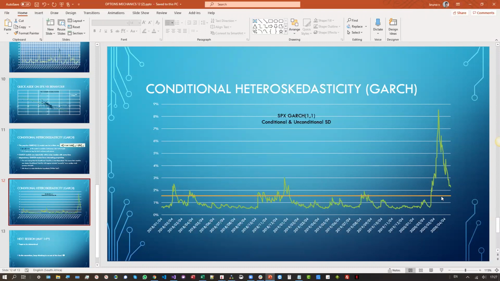If you look at 2018, 2019, a lot of people were saying volatility will return to its long-term average. And if we look at 2017, 2016, when volatility was rock bottom, we thought volatility will go back to its long-term average on VIX of, I don't know, 15, 16, 17.